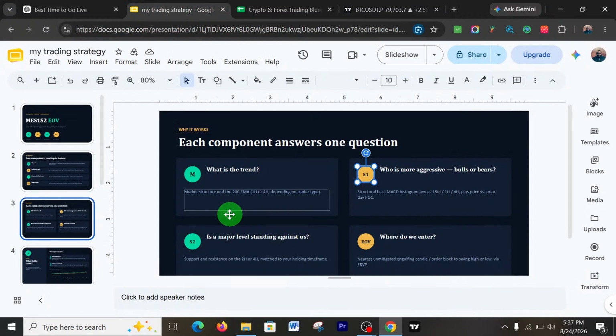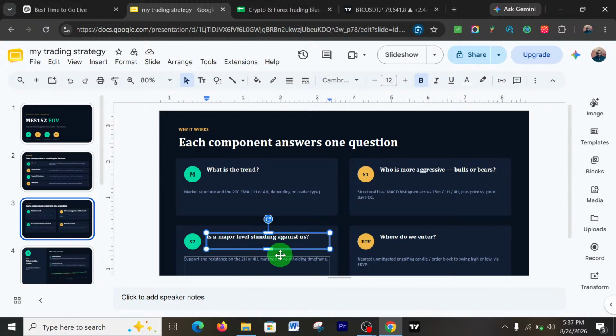So then the next question, after you found out what trend this is, uptrend, are buyers excited, all the MACD lines up, structural bias gives us bullish, final signal bullish aggressive. Then we ask another question: is there a major support level standing against us?